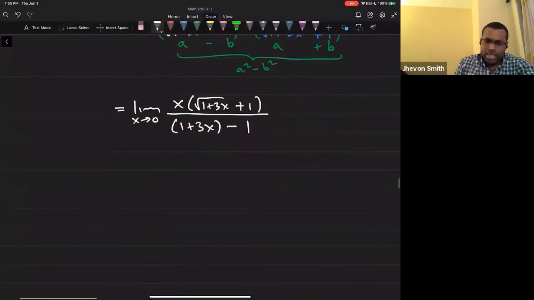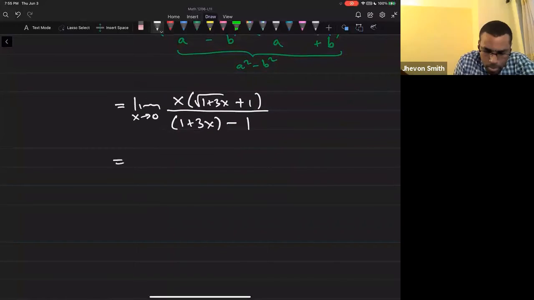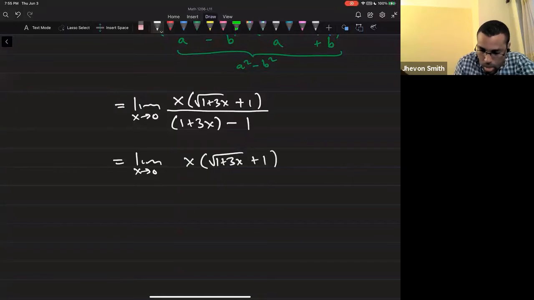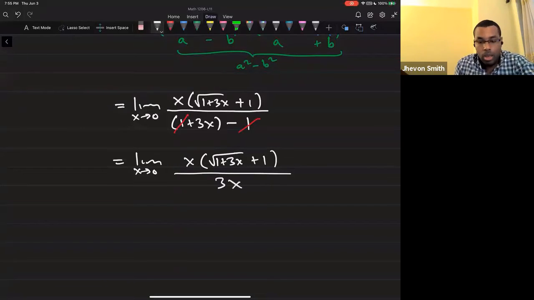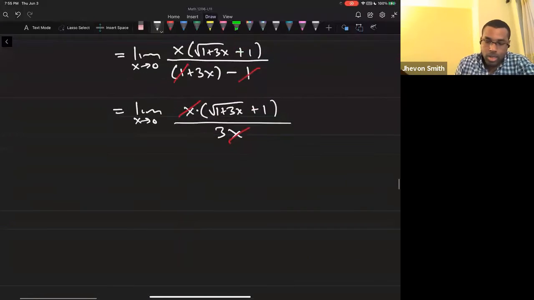All right, does that actually help? Well, let's see what we can do here. This is x times the radical of 1 plus 3x plus 1, over 1 plus 3x minus 1. So that's just 3x. And now, hey, there's a multiplication here, so I can cancel those guys.